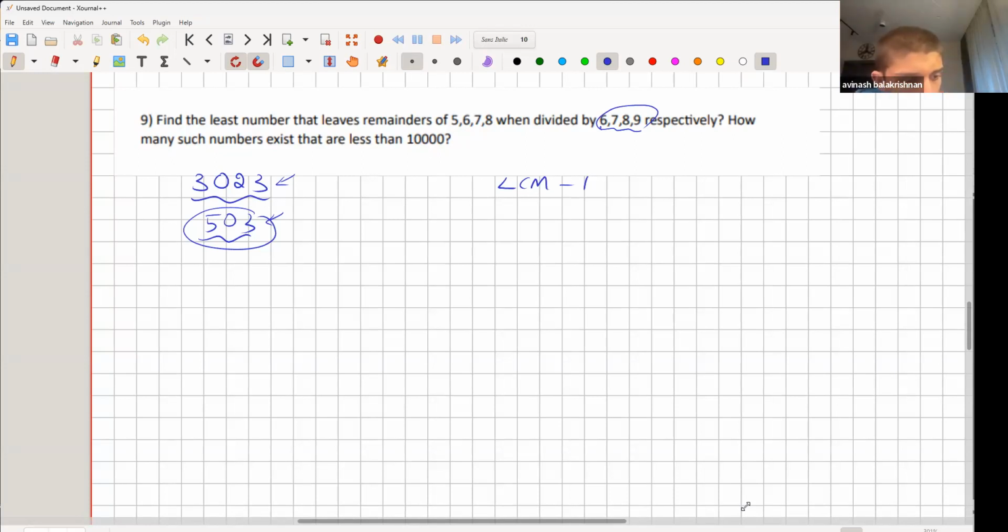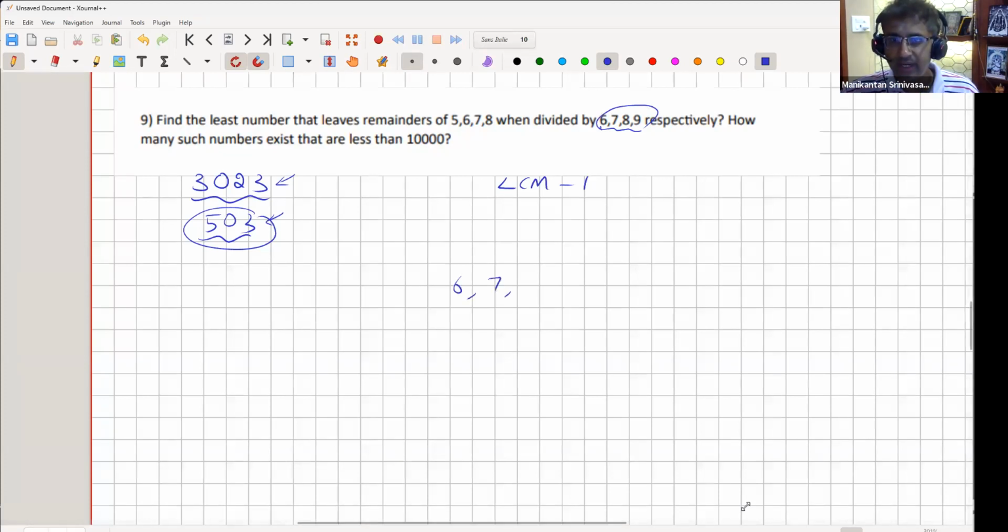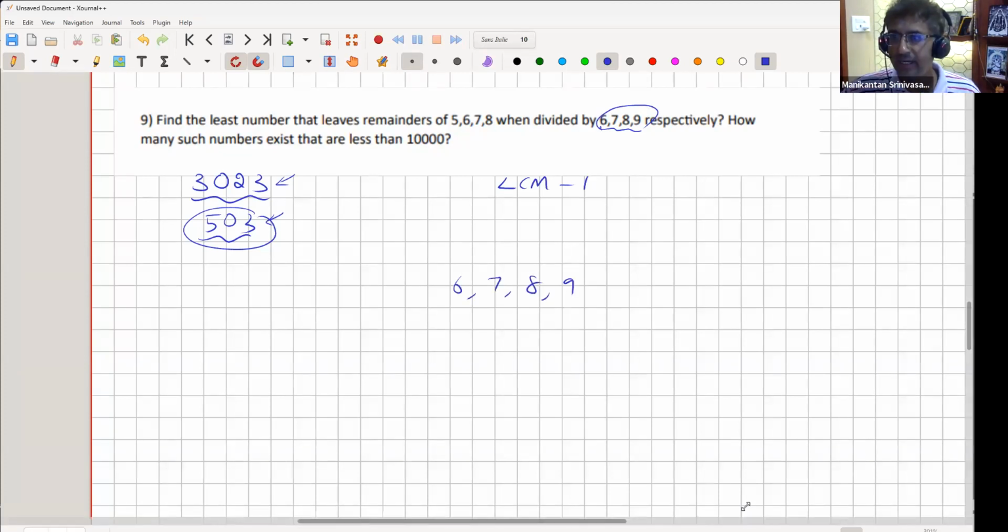Okay, all right. So forget about leaving a remainder. What number divides exactly with 6, 7, 8, and 9? The smallest number is the LCM. So LCM of 6, 7, 8, 9. Let's say that number is n, right? n when divided by 6, 7, 8 or 9 will leave a remainder of 0. You agree, Avinash?